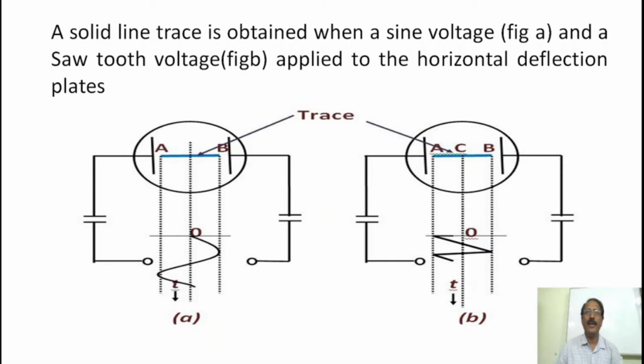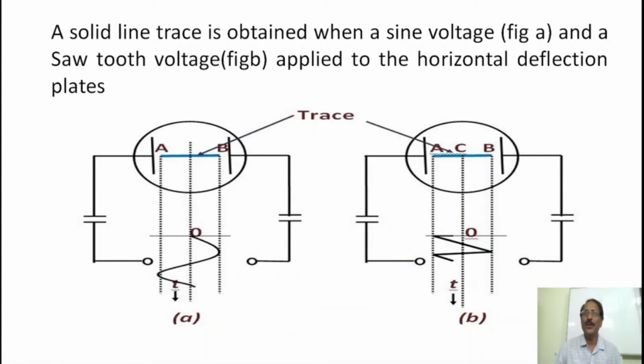In figure B, we can see solid line trace even if sawtooth AC voltage is applied to horizontal plates. But the difference is the electron spot which is tracing the solid line moves from left to right at a uniform speed because the voltage is increasing linearly.